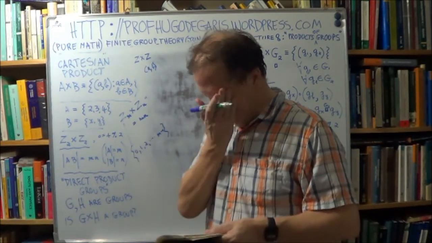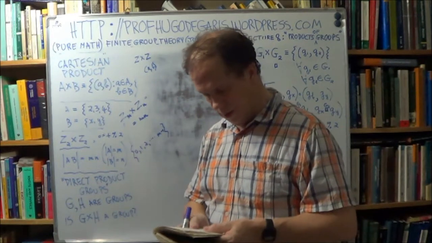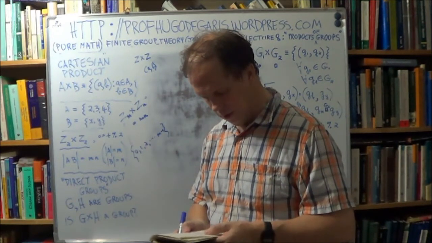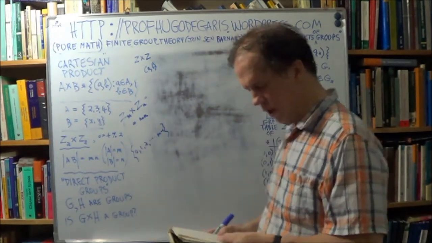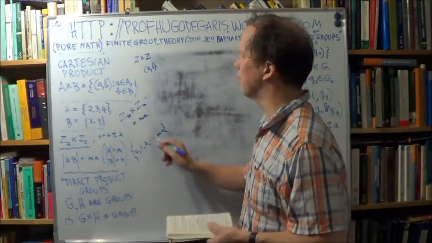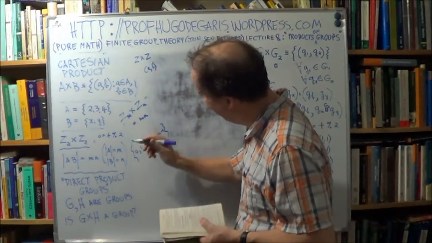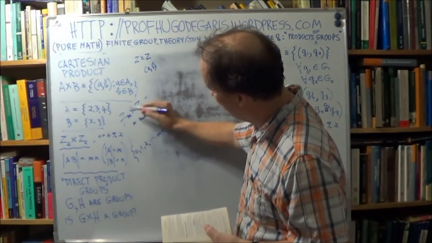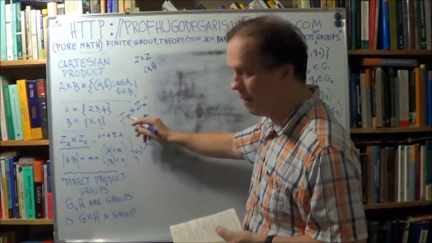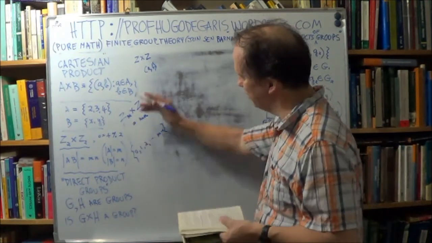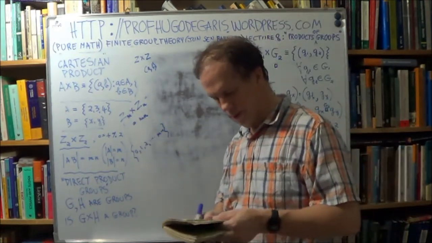Okay. If the group G has m elements and the group H has n elements, then G times H has mn elements. Well, it's almost the same question. The only difference is these are sets. Well, actually, if the binary operation is plus, they're also groups. Okay, so that's true. Okay.